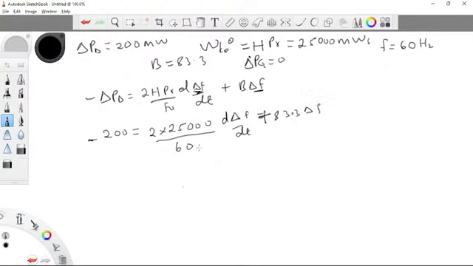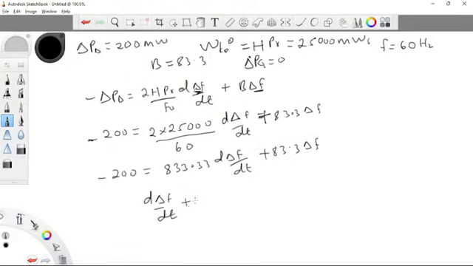When we simplify this, we get negative 200 equals 833.33 d delta F dt plus 83.3 delta F. Now you have d delta F dt plus 0.1 delta F equals negative 0.24, divided by 833.33.